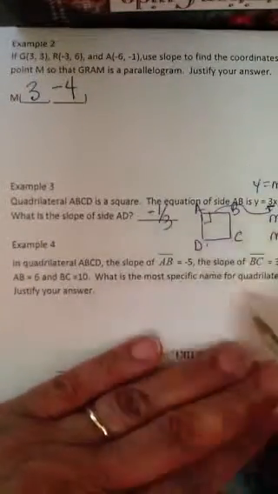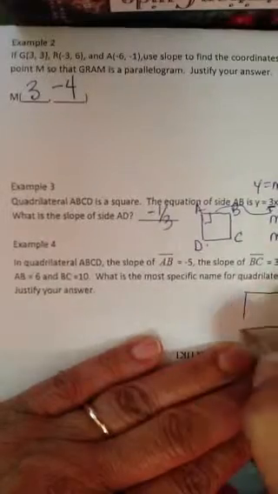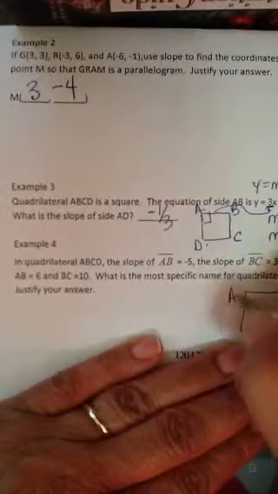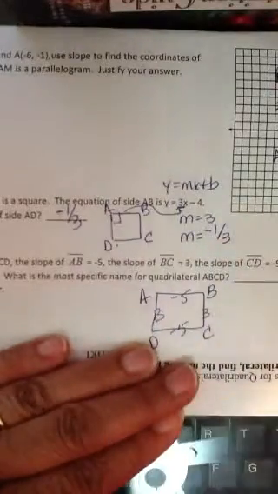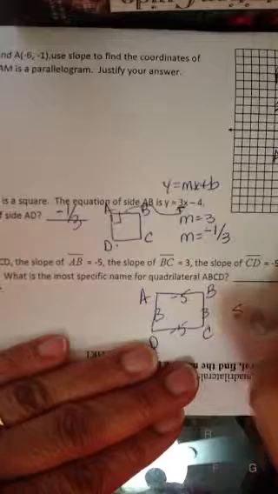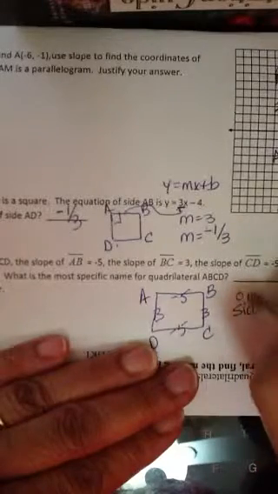All right, let's look at the last one. In the examples, we've got a quadrilateral. I'm just drawing anything. A, B, C, D, where the slopes are -5, -5, and 3 and 3. So we know right off the bat that the opposite sides are parallel.